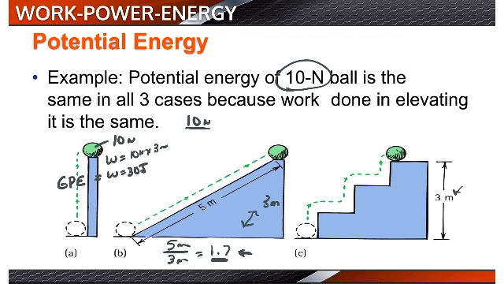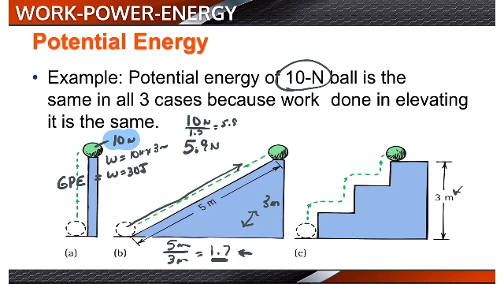So here, instead of applying the full 10 newtons of force, because we divided this by 1.7, you only have to apply 5.9, and I'm going to round it off. You're only going to have to apply 5.9 newtons worth of force into this ball, pushing it uphill like this.